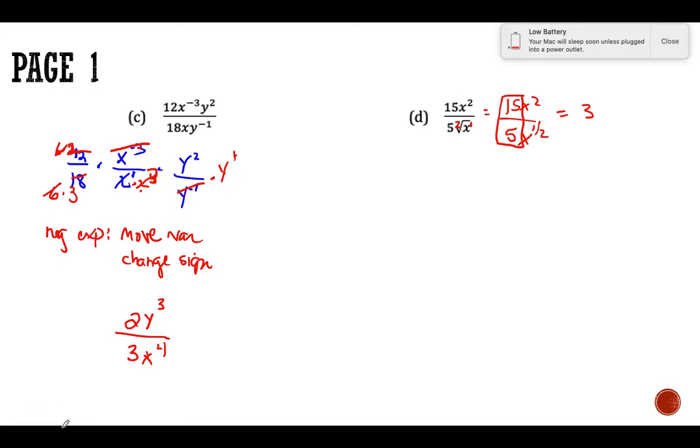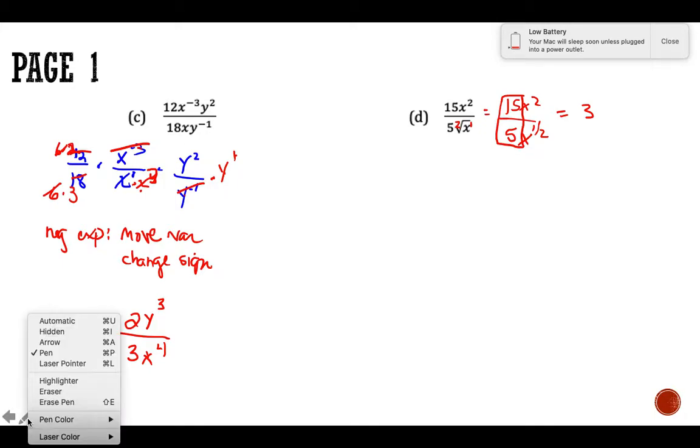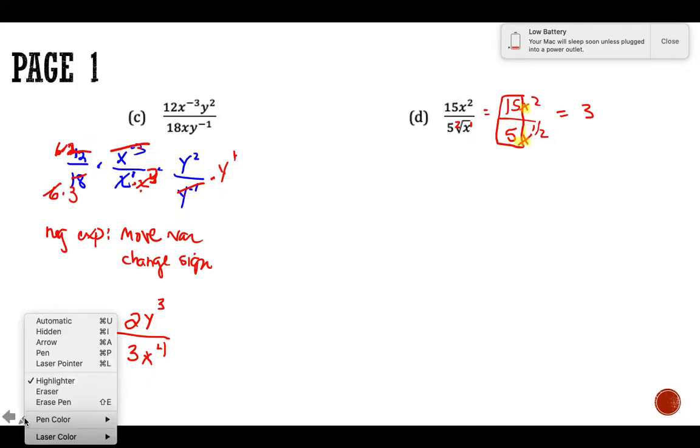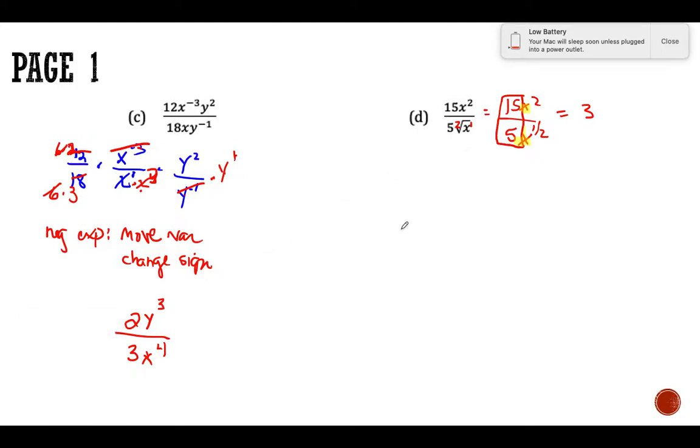Do you remember what to do? So the last problem we didn't have any of the same variables. They were all together, but this time I have an x and an x in the numerator and the denominator. That means you write the x here and you subtract 2 minus a half.